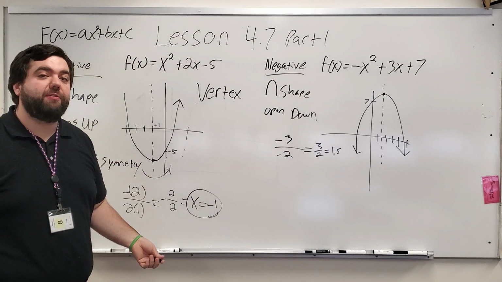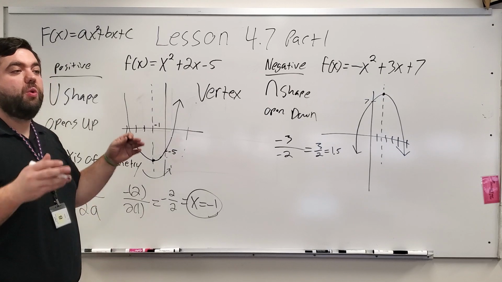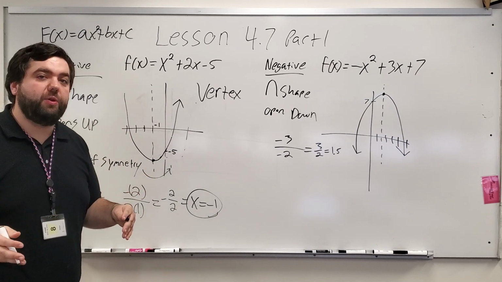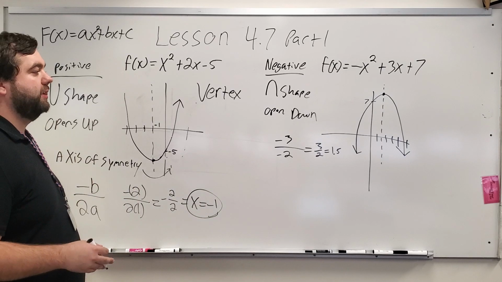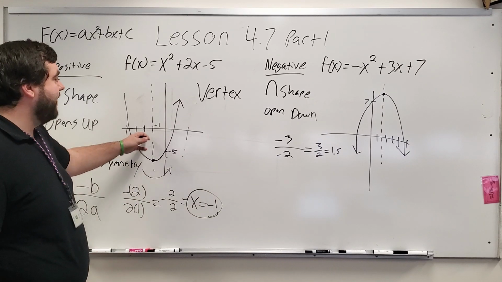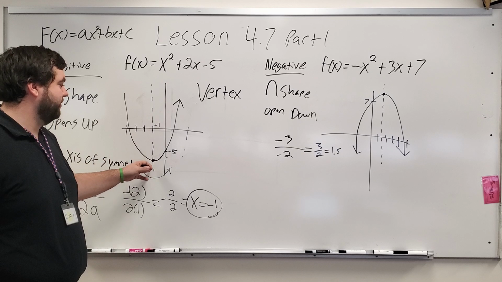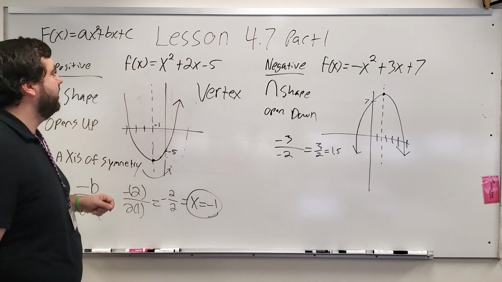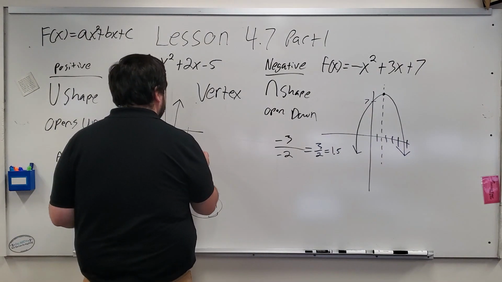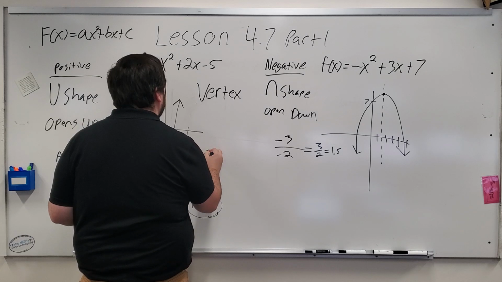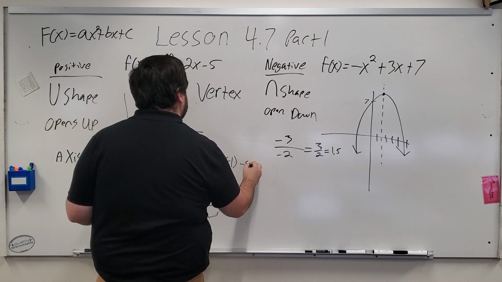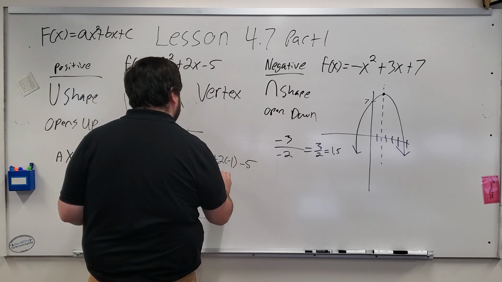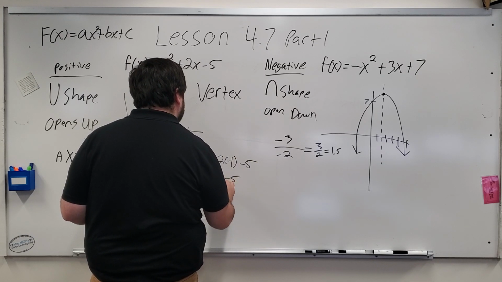So how do we find our vertex for absolute value? We found out what our x value was by setting the absolute value equal to 0, and then plugged it in. Same thing. We find our axis of symmetry to give us our x value, and then we plug that in. So, for this one, we have negative 1 squared plus 2 times negative 1 minus 5, which is going to give me 1 minus 2 minus 5, which is negative 6.